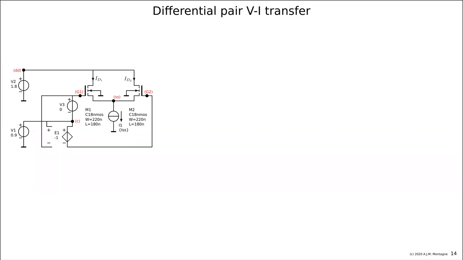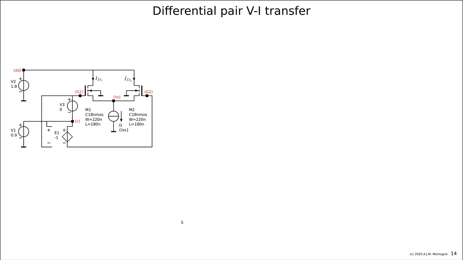So the condition under which this differential pair is driven is that the common mode input voltage is kept constant, 0.9 volts. See, V1 is setting this common mode input voltage, and the gate 1 is lifted up and the gate 2 is pushed down with the same amount, or the other way around.